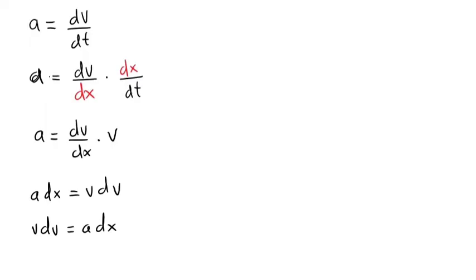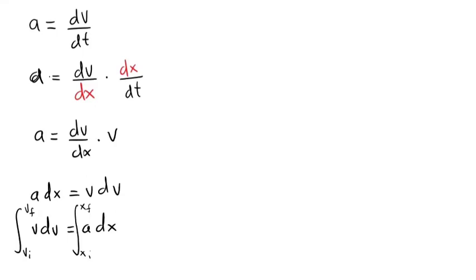So now that we've generated this, let's bring in the integrals. So on the left hand side, I'll have the integral from initial velocity to final velocity. On the right hand side, I'll have the integral from x initial to x final, like that.